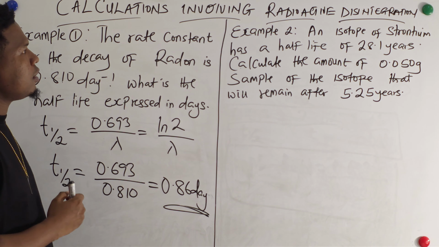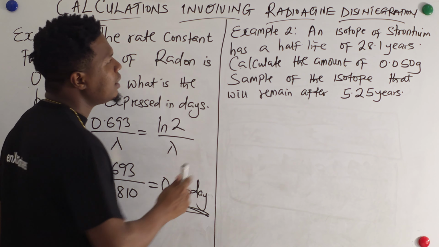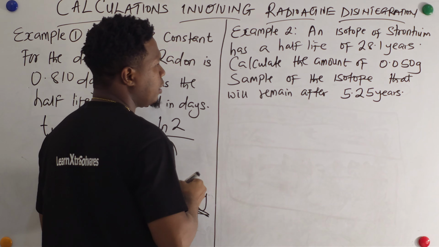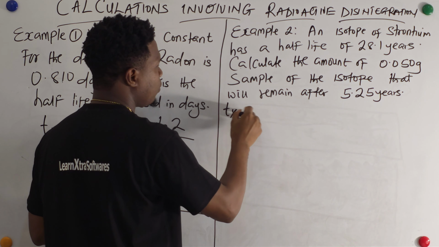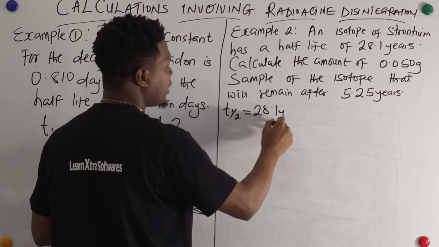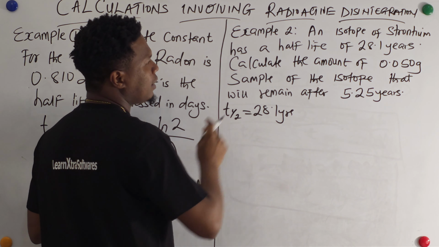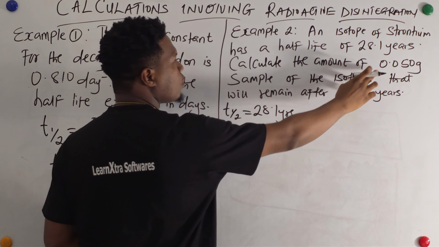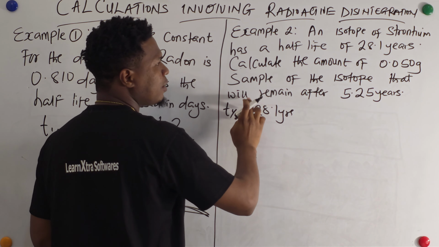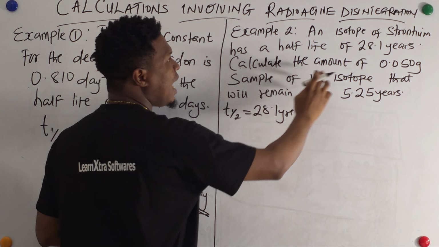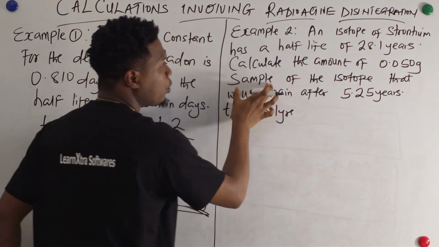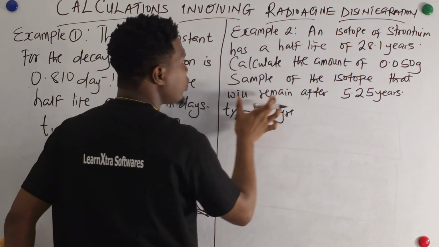Now for this one, we are told an isotope of strontium has a half-life of 28.1 years. Calculate the amount of a 0.050 gram sample of the isotope that will remain.